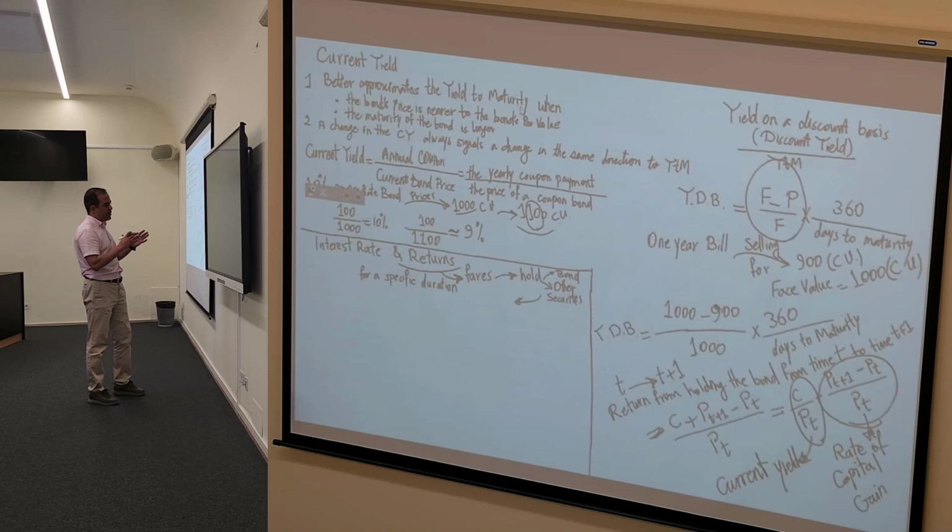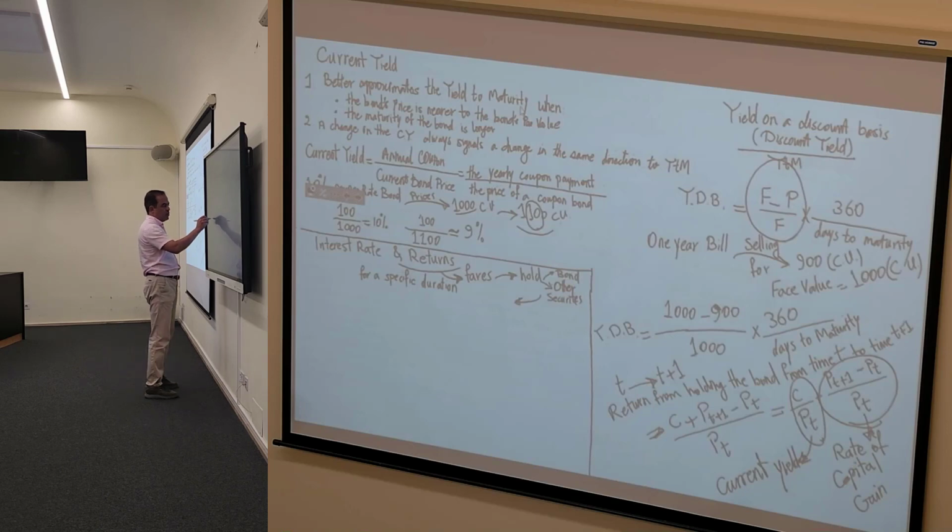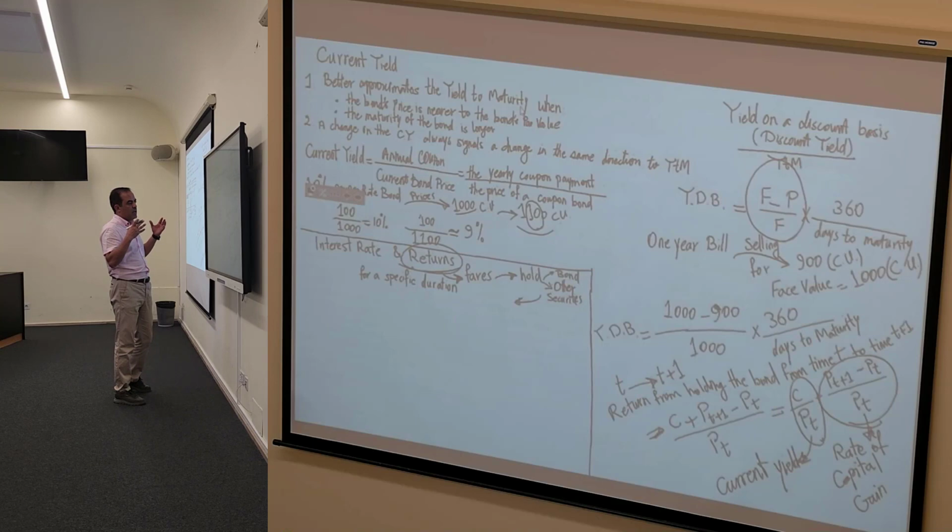That is accurately gauged by what we call the return, okay? So this return is how the holder of the bond or other security for a specific duration will fare. And in more precise financial terms, we can say not return, but the rate of return.